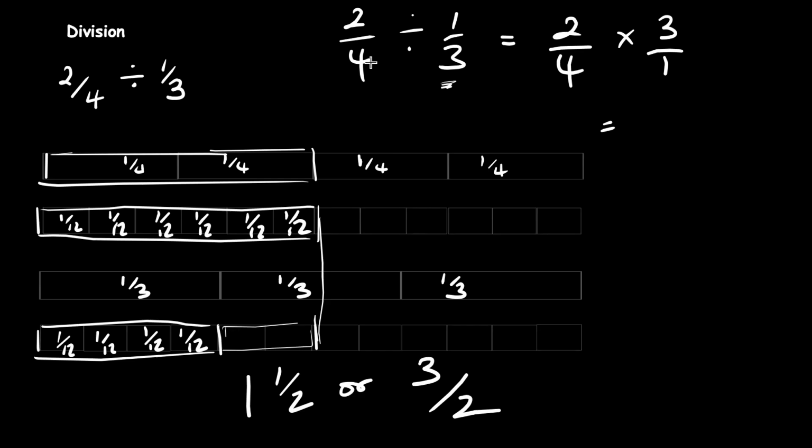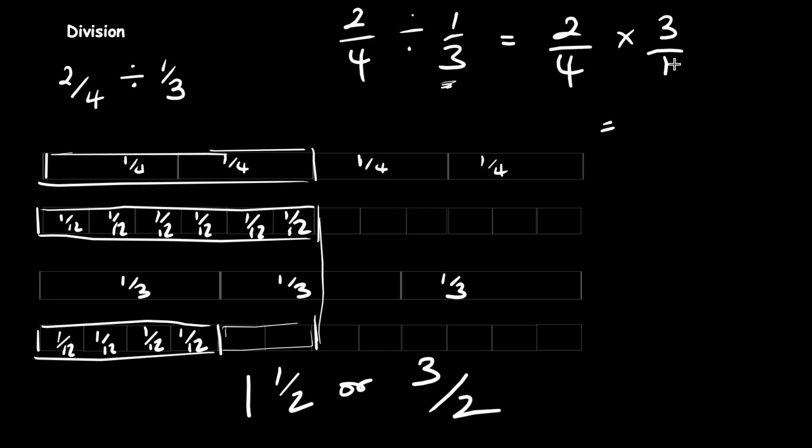When we multiply, we're saying, hey, in any single unit for a third, there are three pieces. So whatever this number is, if I multiply it by 3, that is how many thirds fit in there. So that's the reason why we invert. We're dividing by this size, but what we're getting when we multiply by 3 is a number, because 3 thirds are going to be in a whole.